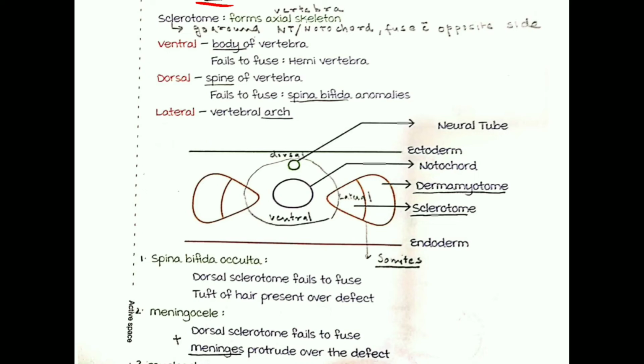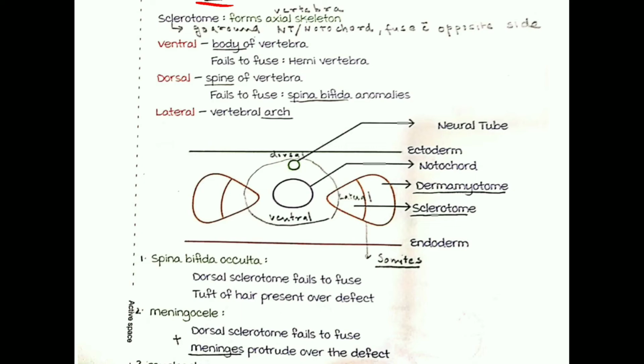Because of this going around and fusing on the opposite side, the sclerotome part of the somite will have different parts. This is the ventral part of the sclerotome, then we have the dorsal part of the sclerotome as well as the lateral part of the sclerotome.